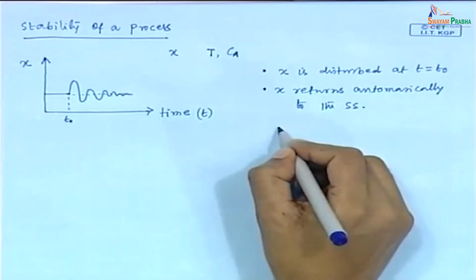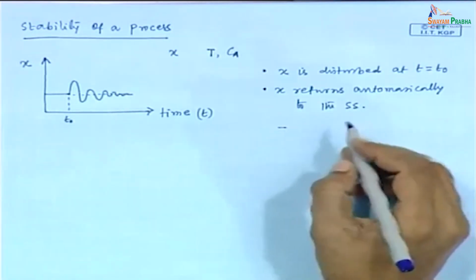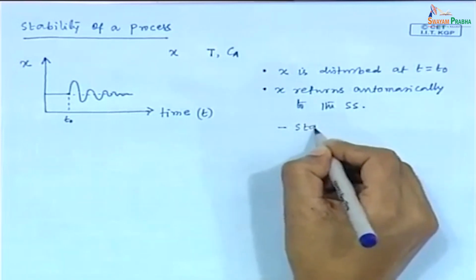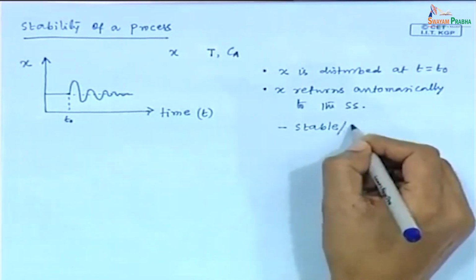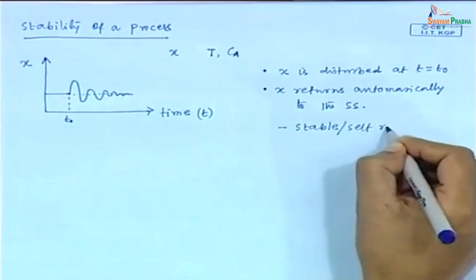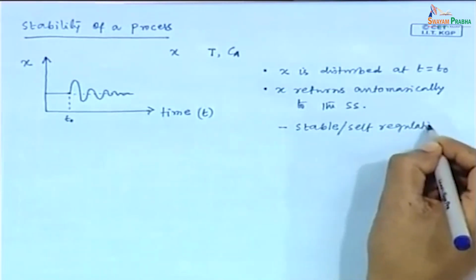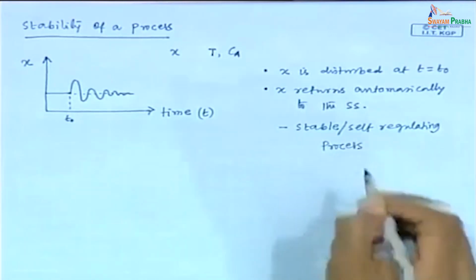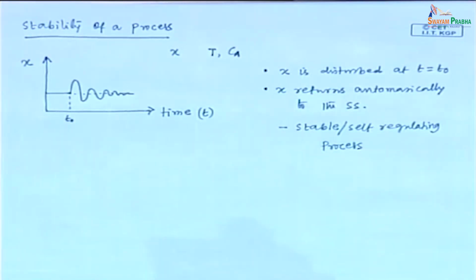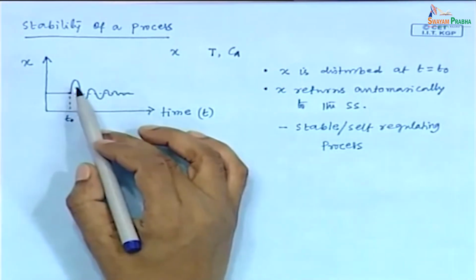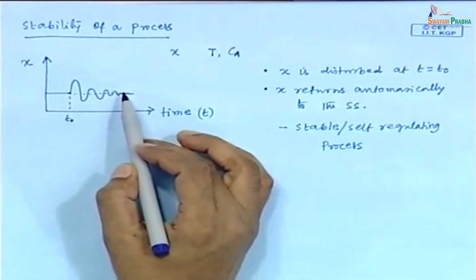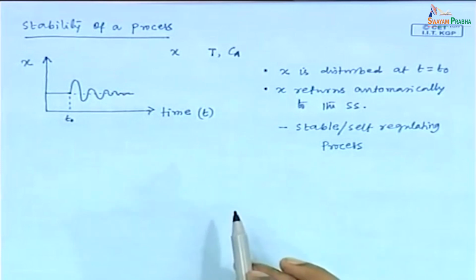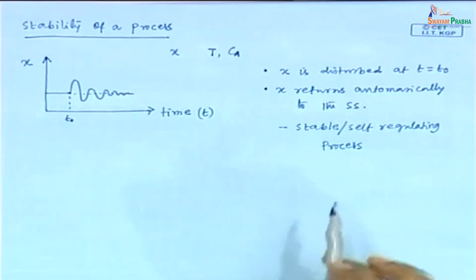If this is the case, this type of process is called a stable or self-regulating process. Fine. X returns automatically to the steady state value, and this type of process is called a stable process or self-regulating process.